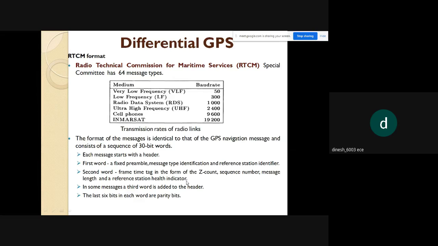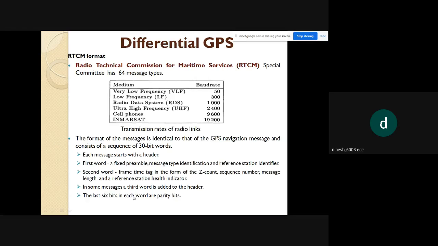This health indicator indicates the status of the satellite: how much power supply is left, how many days the solar panel can work, how much more energy is present, or how many years is the lifespan. All those things will be in your health indicator.